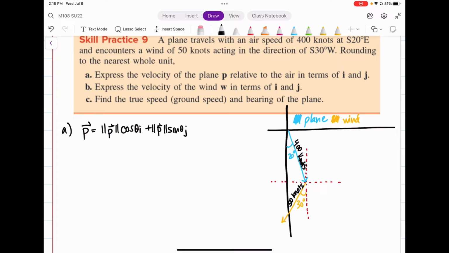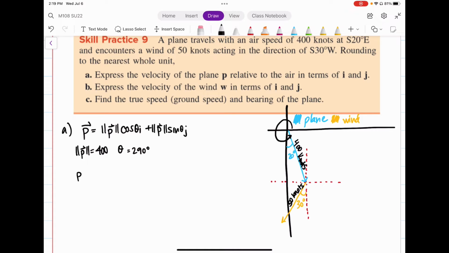The magnitude is 400 knots. But theta is not 20 degrees. Theta is 290 degrees. So you're going full 270 plus 20 more is 290 degrees.